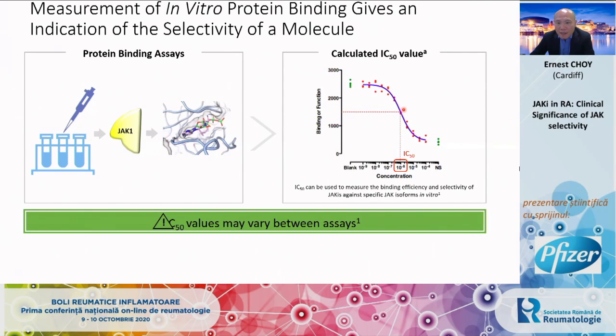By doing that, you can work out what we call the IC50, that is the concentration of the drug required to reduce the cytokine or phosphoSTAT by 50%. So the lower the IC50 is, the more potent the inhibition is.